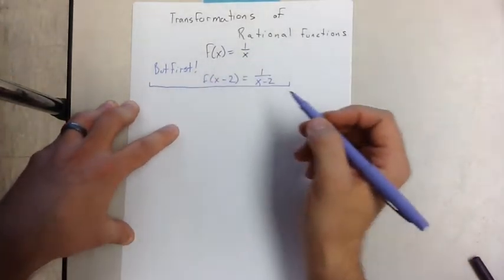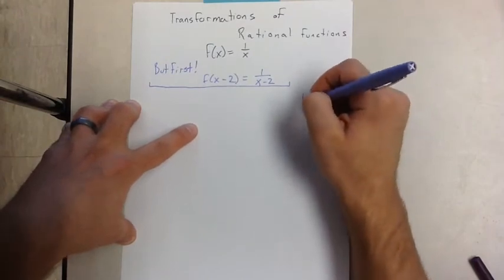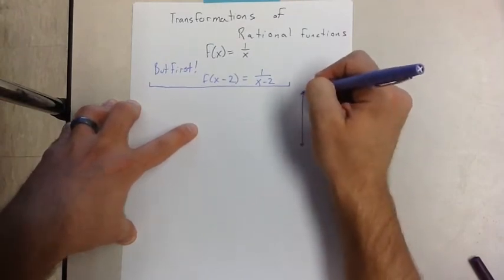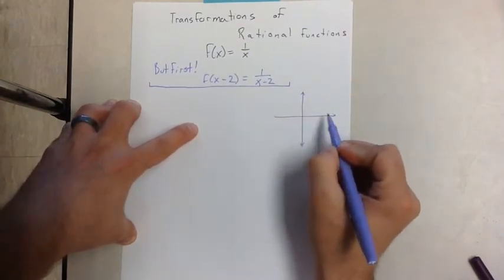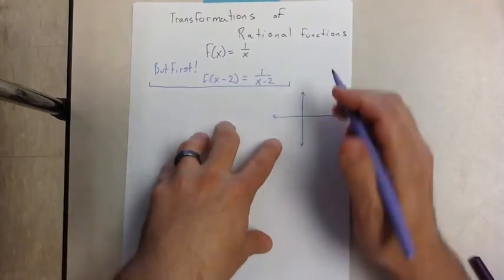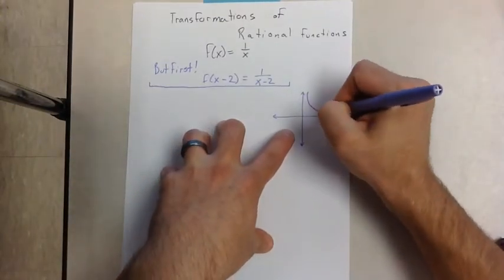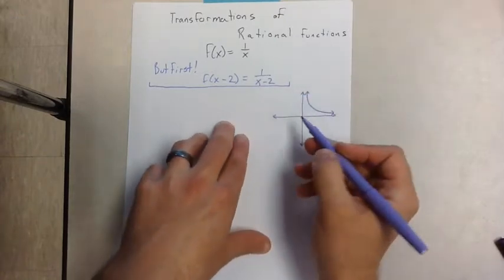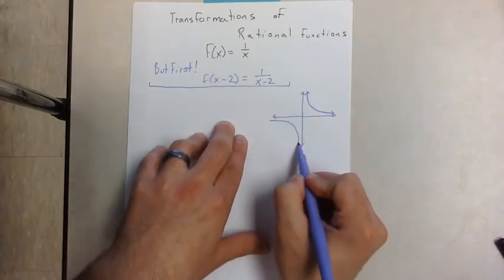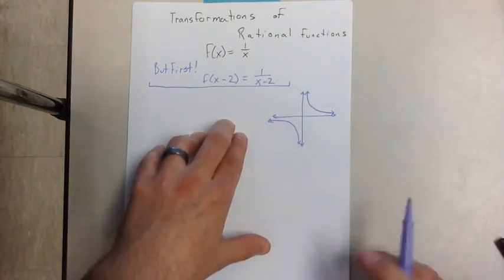So our function again is 1 over x, and just so we have a visual to go off of, we know that this function has this shape. Okay?